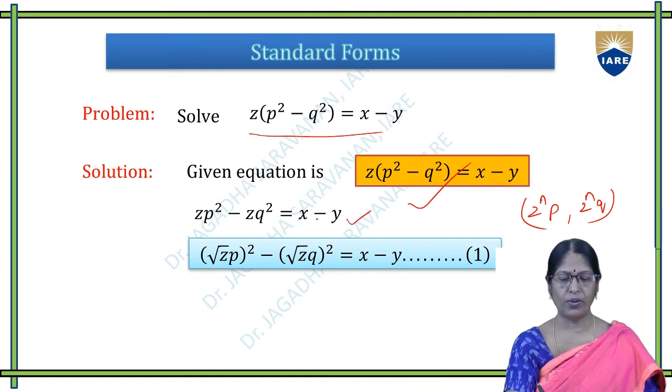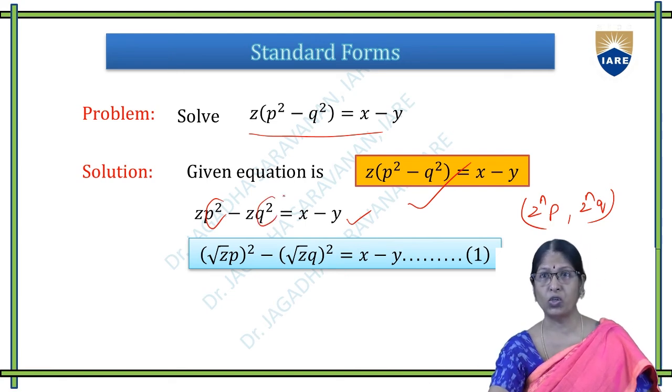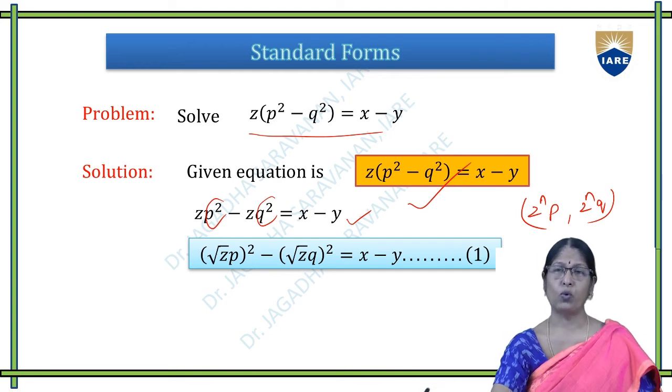But in our question, P and Q, they are having the power 2. So we have to modify our question. This is the point which we have to handle carefully, so that P and Q, the power should be 1. So for that we are doing the simplification.